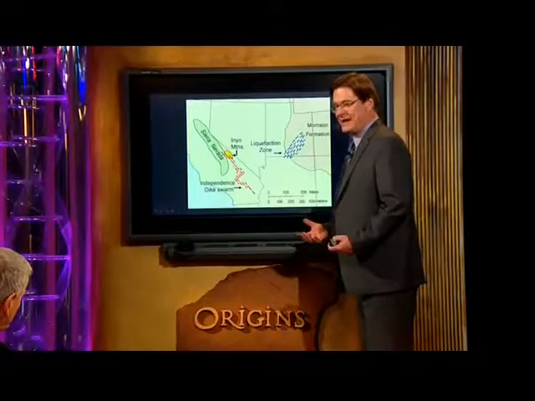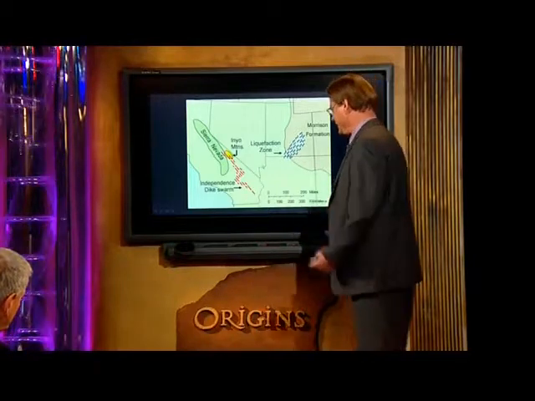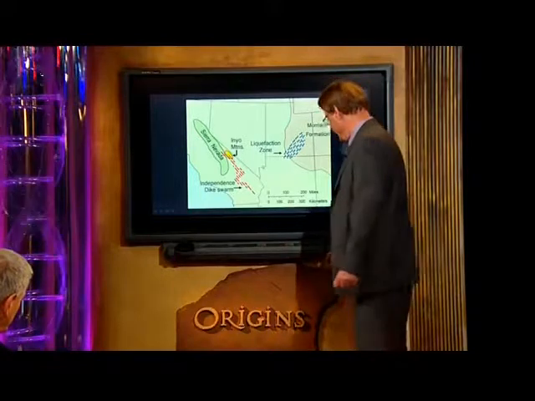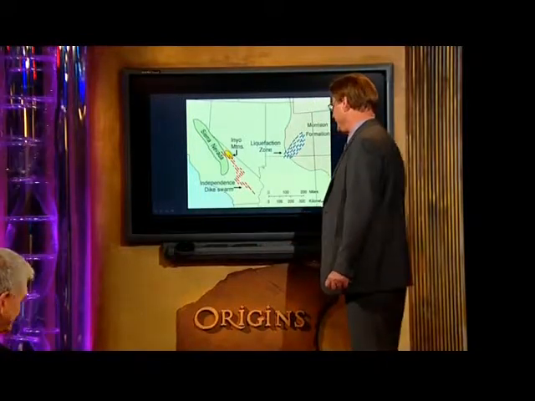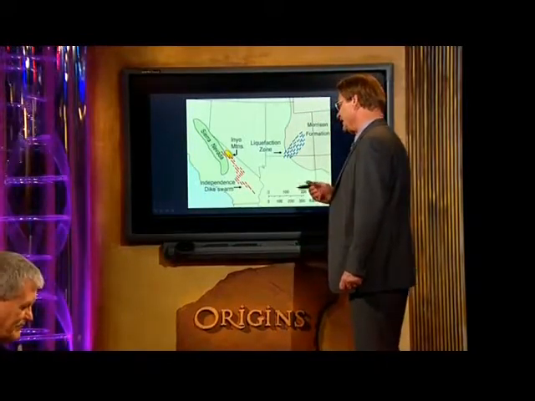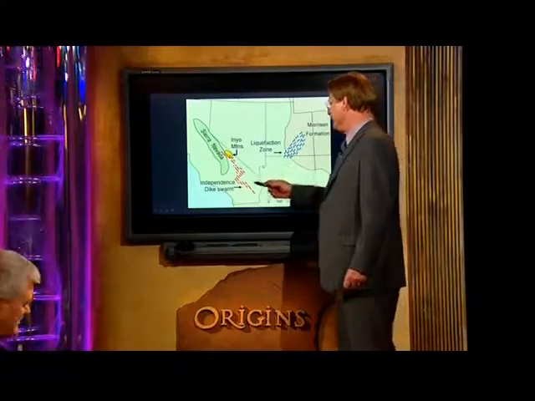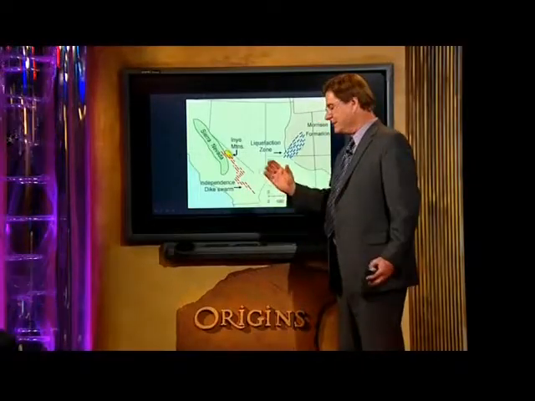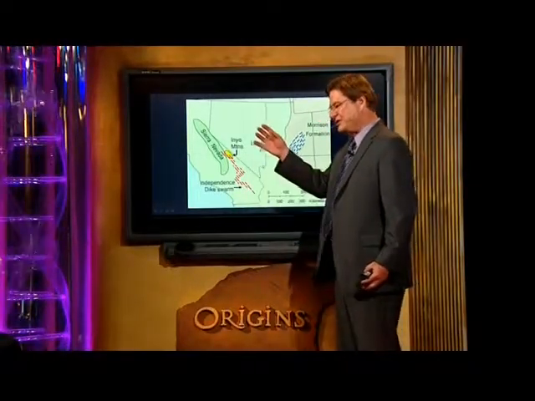And then the third type of volcano that we can infer is what's called the linear fissure array. And the linear fissure array is well illustrated by what's called the Independence Dike Swarm in eastern Southern California. And there's a series of linear cracks that are filled with molten rock, which has not issued out to the surface.